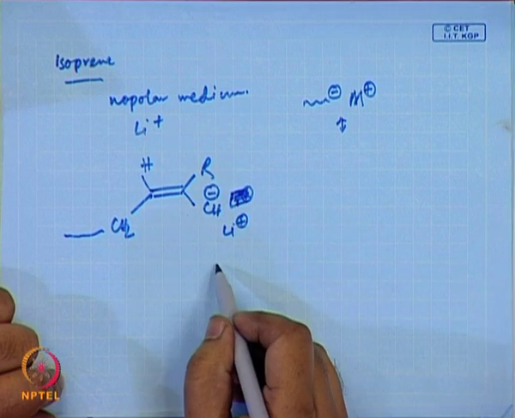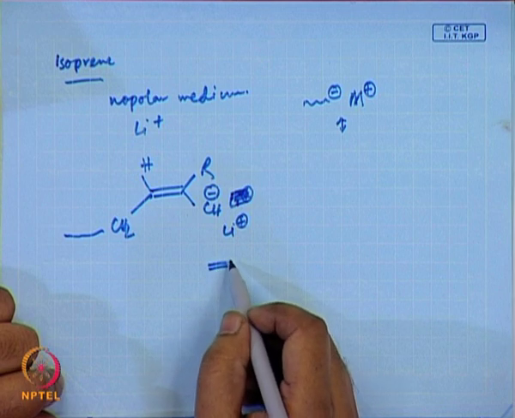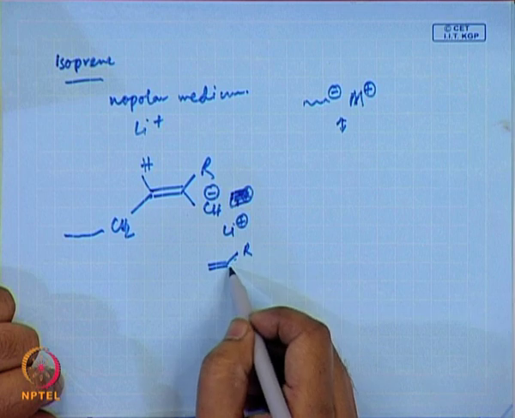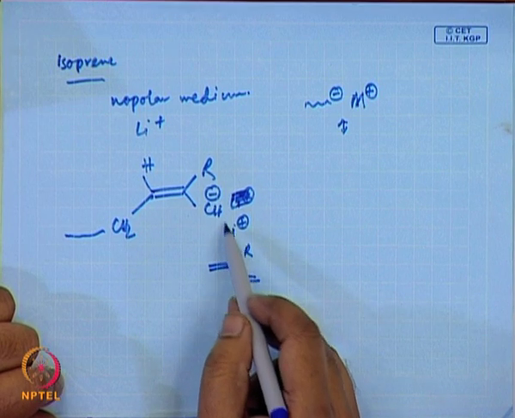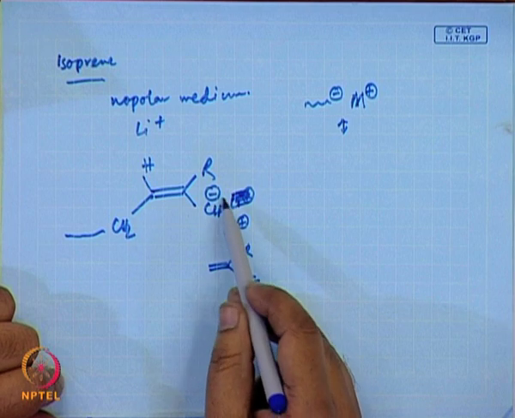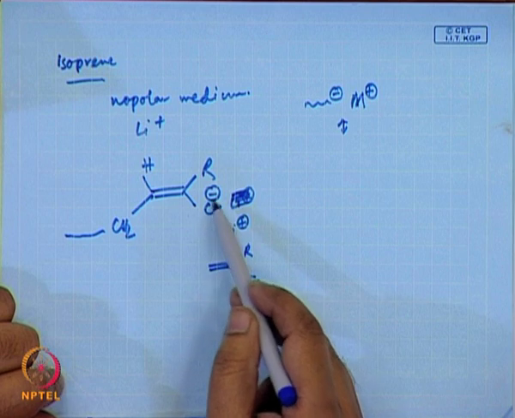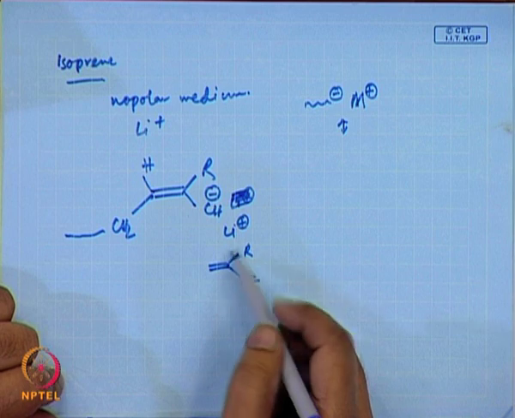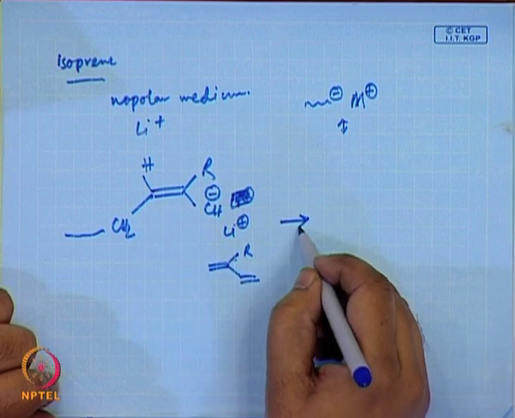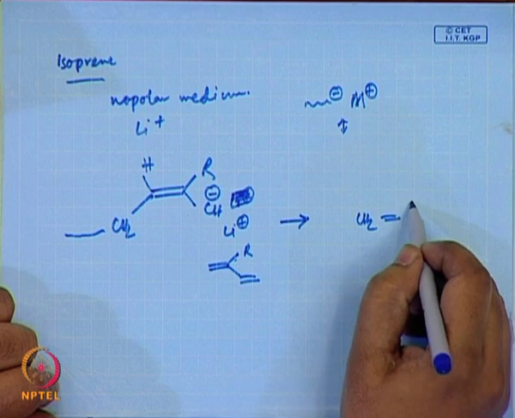So, when the new monomer adds, there will be an interaction, coordination between the polymer chain end, the active propagating chain end, and the counter ion and the monomer, like this.